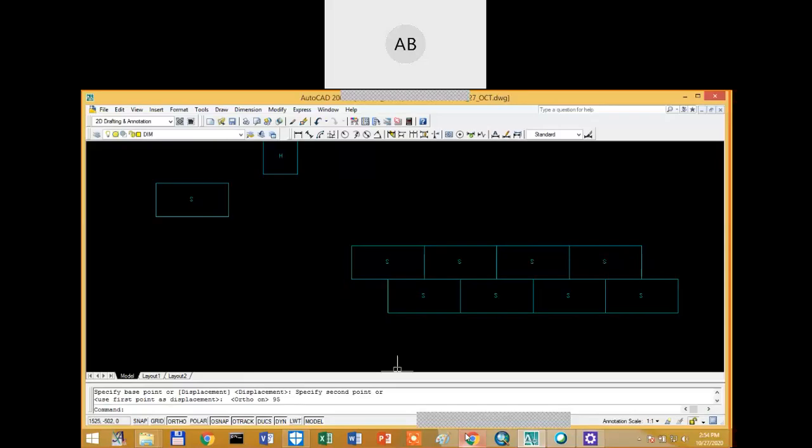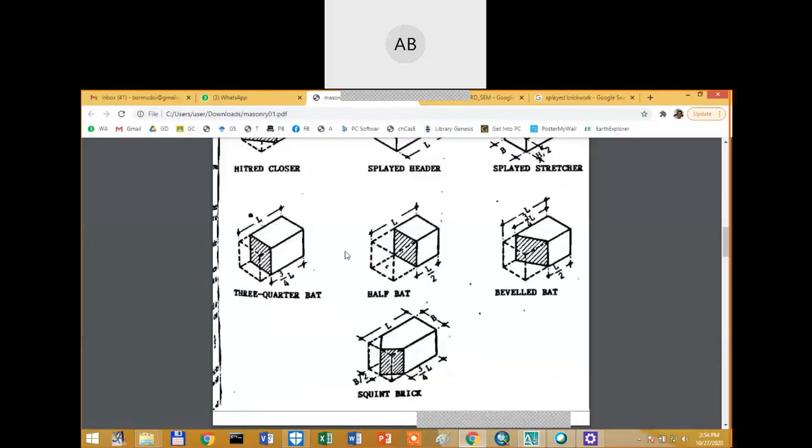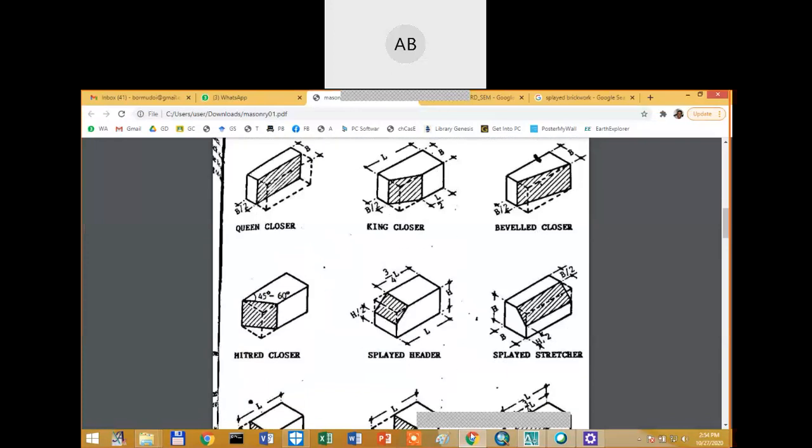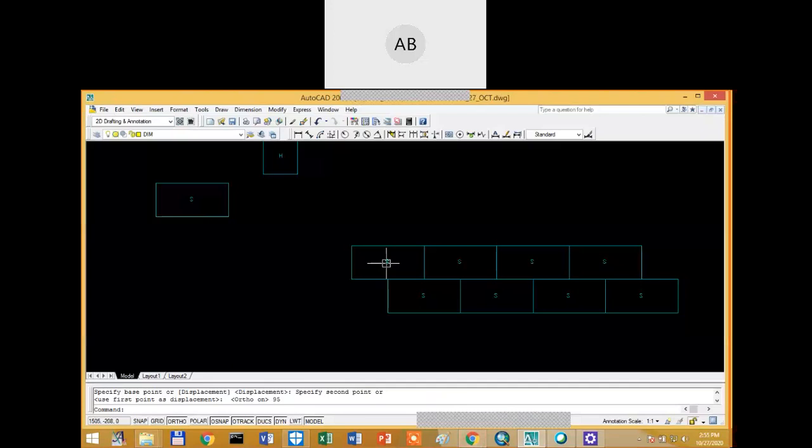So that means you have to cut this first brick. Along what? Along the stretcher or header. How will you cut this brick?